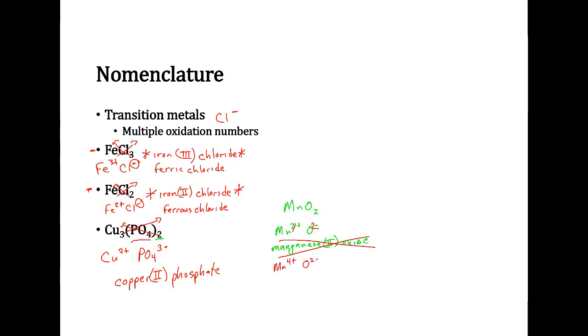This satisfies the requirement that the anion has the correct charge. So we're ready to name this compound, and this would be manganese(4) oxide. So watch for that if you ever need to multiply through to get the correct charge on the anion.